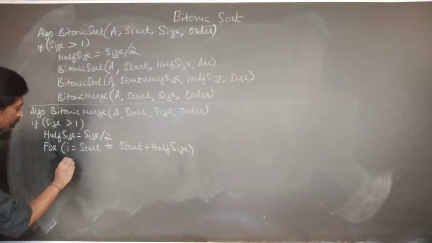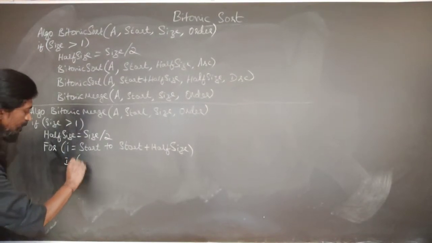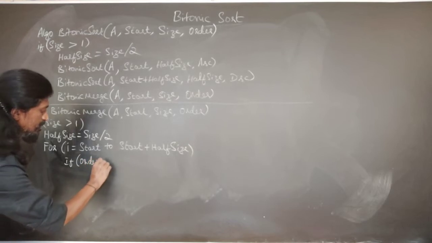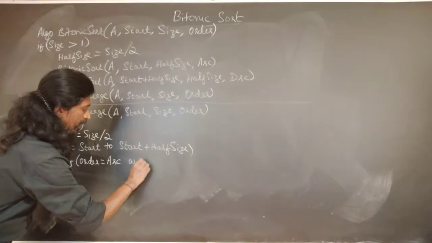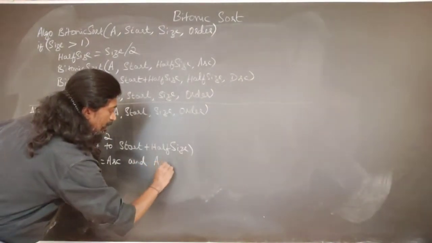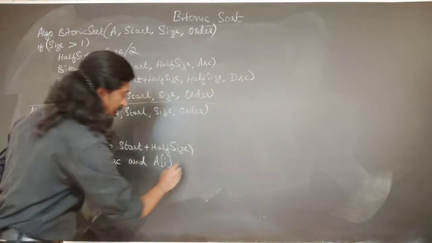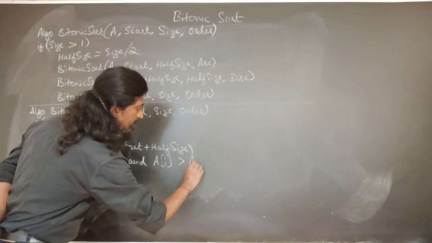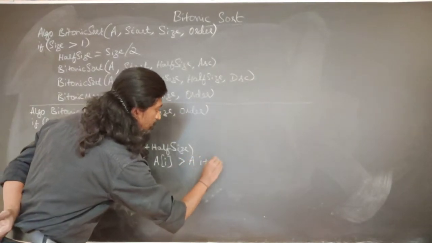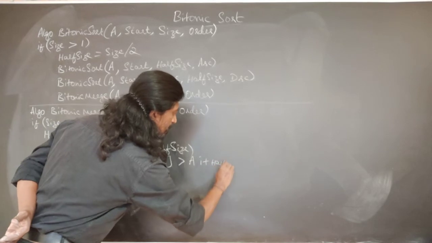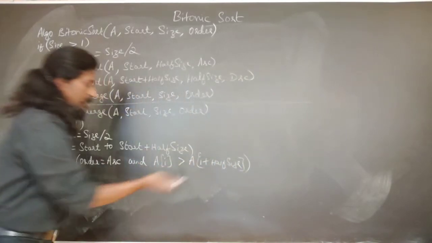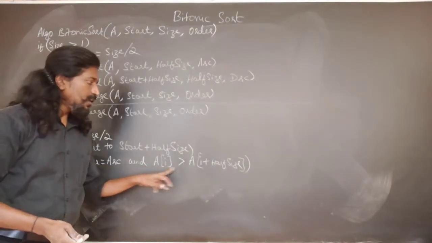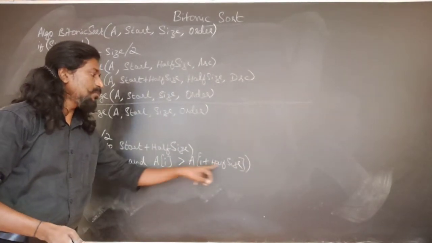Okay, what are we going to do in this? If the order is equal to ascending and A of i is greater than A of i plus half size. Because we are comparing the corresponding elements in the two subarrays. A of i is 1, then A of i plus half size, 1 plus 4 is 5.